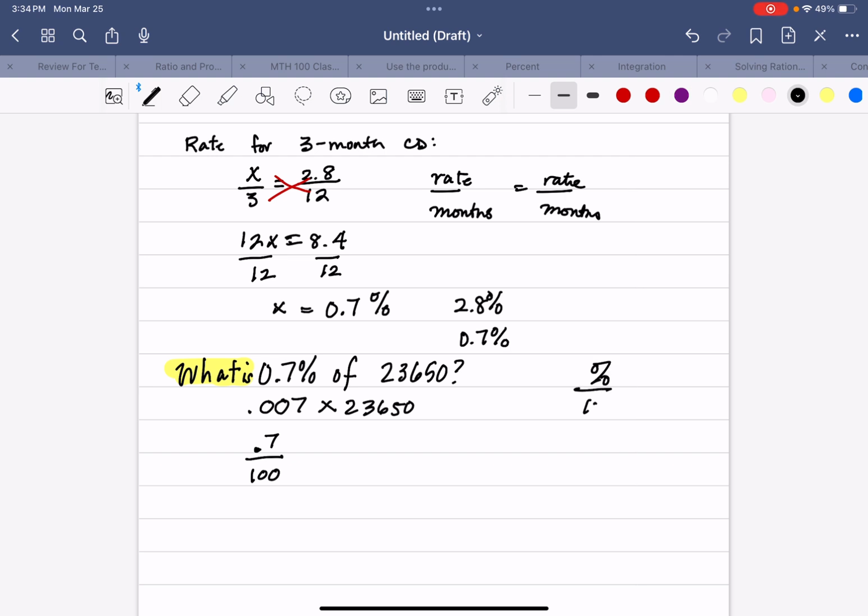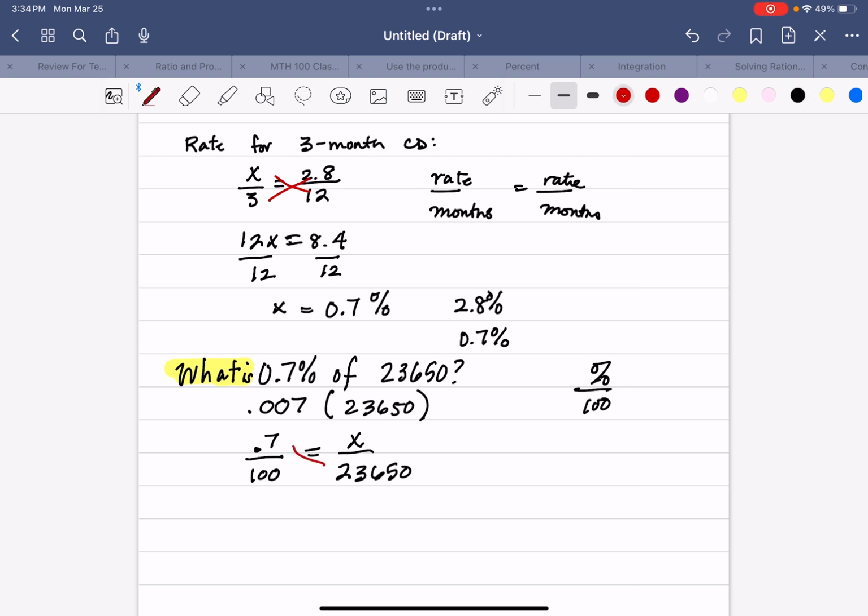Percent out of 100, so 0.7 out of 100 is how much out of 23,650. And let me make this a dot or parentheses so that you don't get confused about that being an X.